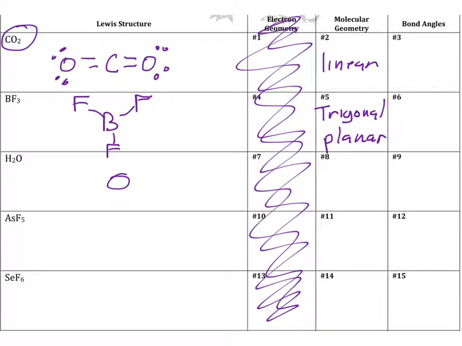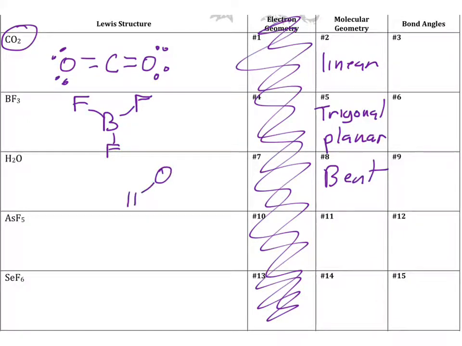But if you add lone pairs on the central atom, that pushes the bonded pairs down, making it bent. So we ask ourselves, does oxygen have lone pairs? It turns out that it does. So it's not linear, and it ends up being bent because there's lone pairs on the central atom.